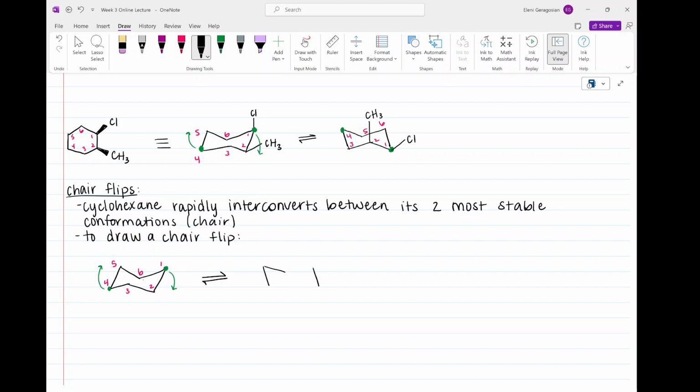We do the same process where we have two sets of parallel lines. But we brought carbon 1 down, so now where I've just drawn that green circle is where carbon 1 is. So if this is where carbon 1 is, then we can just go clockwise again around the ring. 1, 2, 3, 4, 5, 6. Carbon 4, remember, was the bottom left, and that was rotated up, and that becomes carbon 4, top left corner.